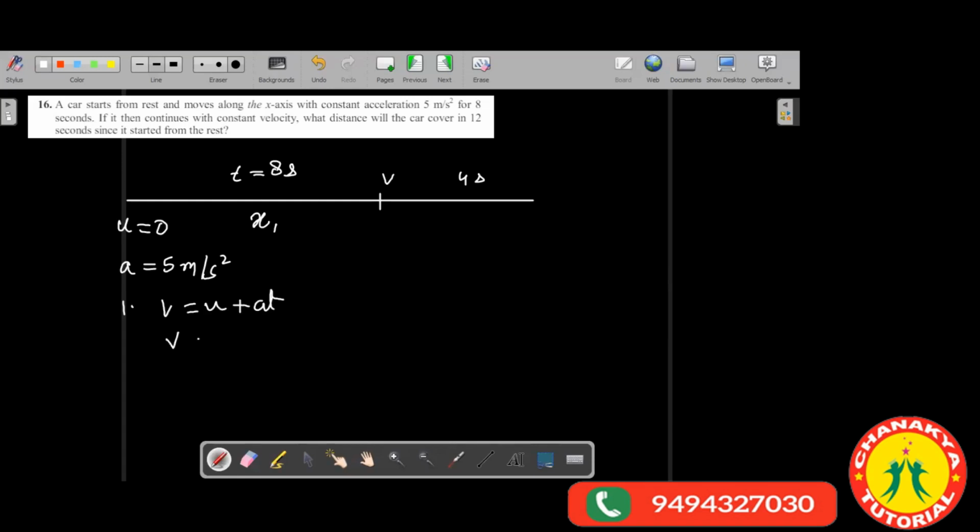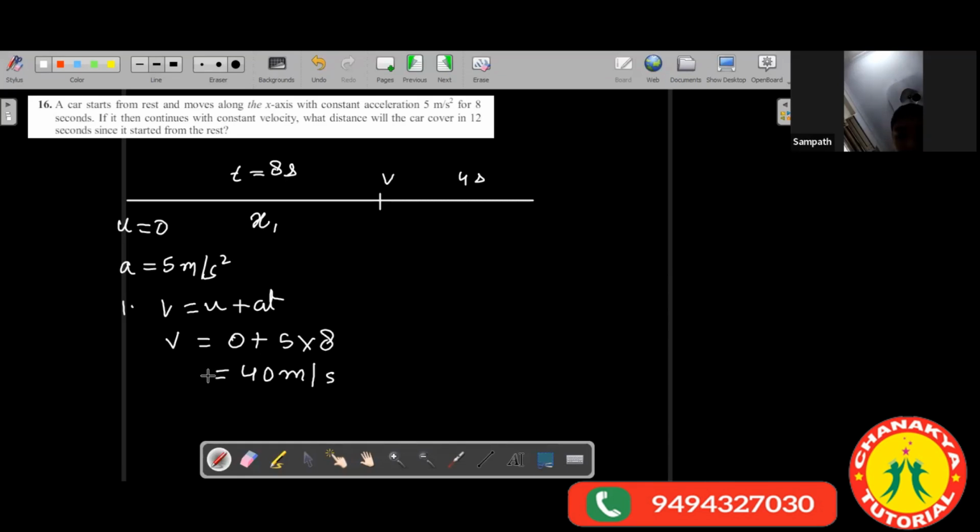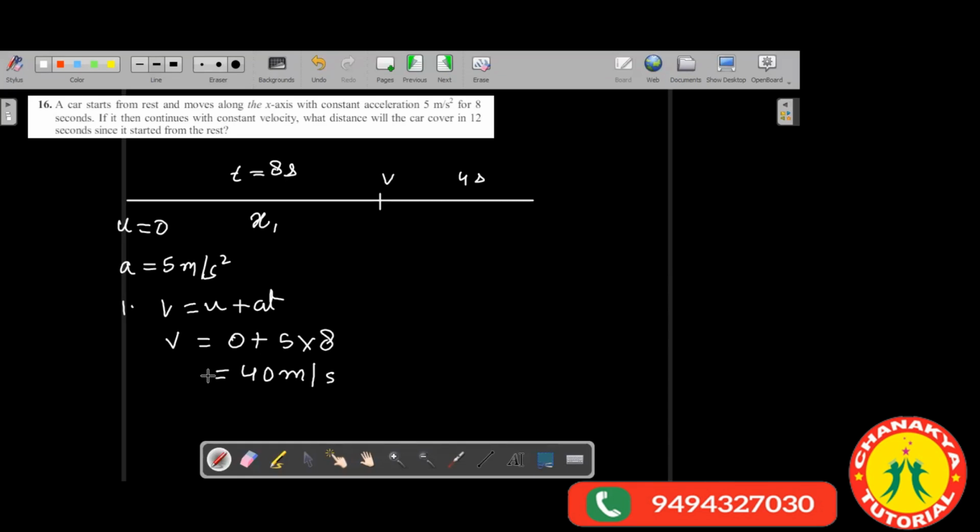So we will get 40. Yes, final velocity is 40: 5 multiply 8, which is 40 meter per second. So how many have got 40 meter per second? Yeah. So keep your cameras on.